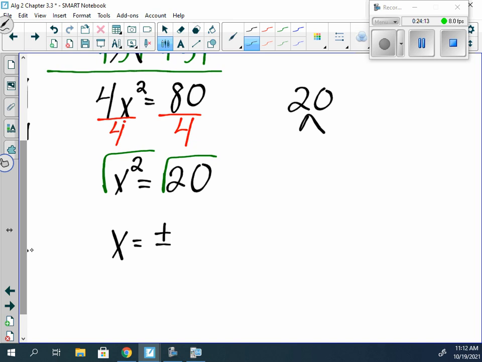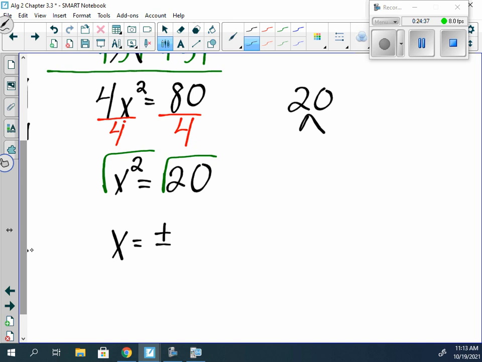Square root of 4 is 2. 2 times 2 is 4. Square root of 9 is 3. Square root of 16 is 4. 4 squared is 16. 5 squared is 25, so the square root of 25 is 5. Well, does 20 hit either one of those? No, but it's between 16 and 25, or 4 and 5, is how we get that.